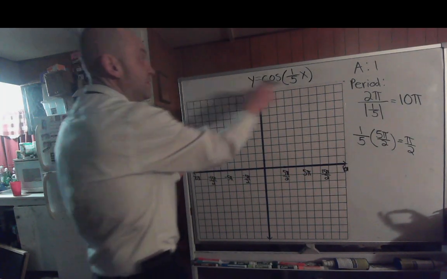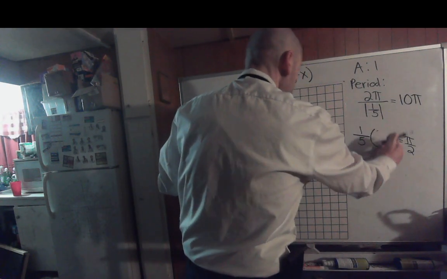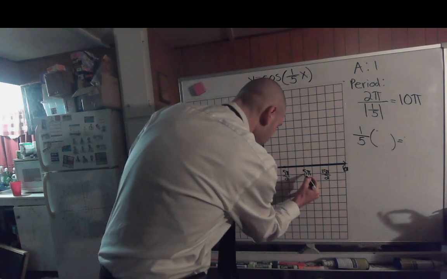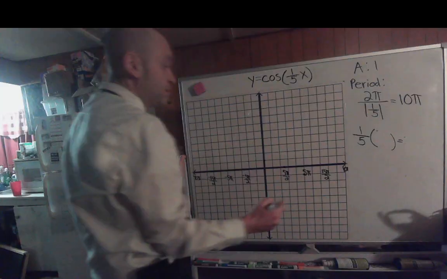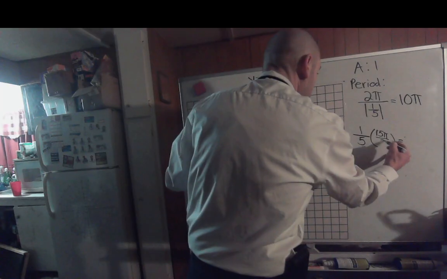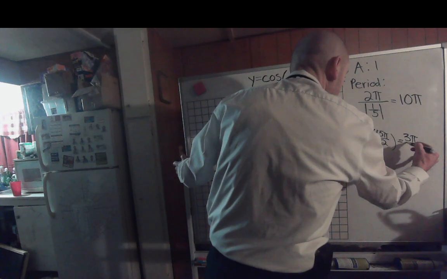Now if we put in a fifth of 5 pi, that would be the same as the cosine of pi, which would end up being -1. Now, what about 15 pi over 2? Let's put in that. That'd be the same as the cosine of 3 pi over 2.